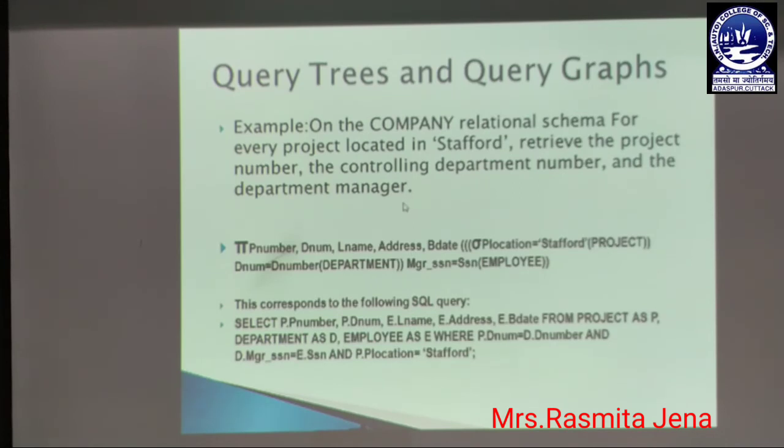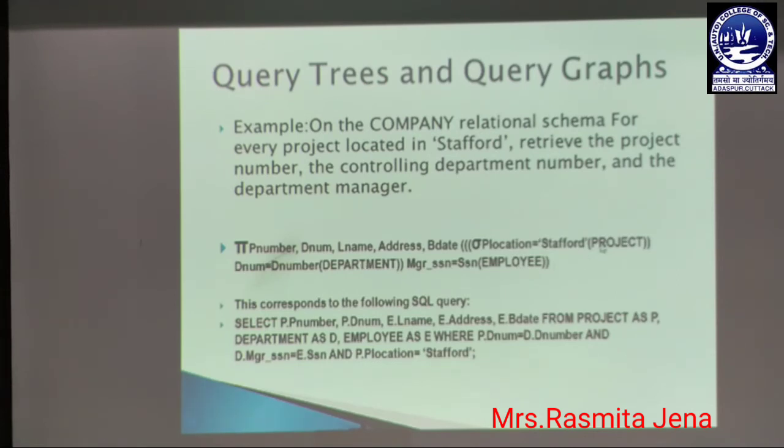But our aim is to form a query tree for this relational expression, and we have already discussed how to form the query tree, and which are the leaf nodes, internal nodes and the root node for the query tree of a particular relational expression. As per our discussion, the input relations in this relational expression are the employee table, department table and project table.